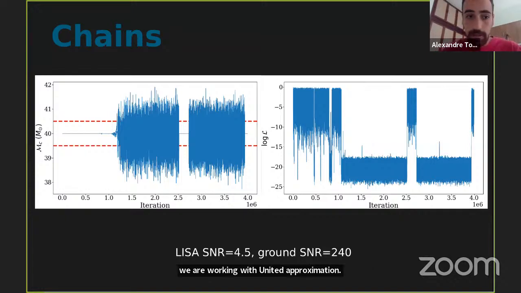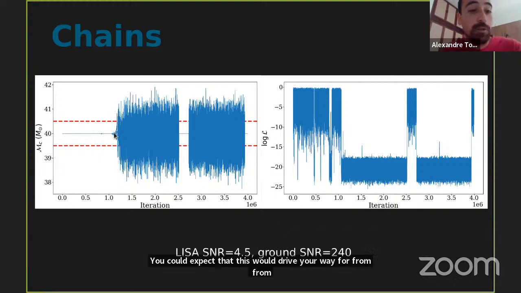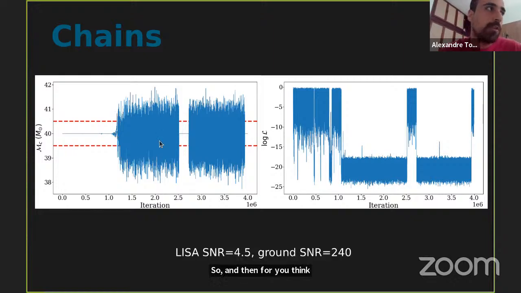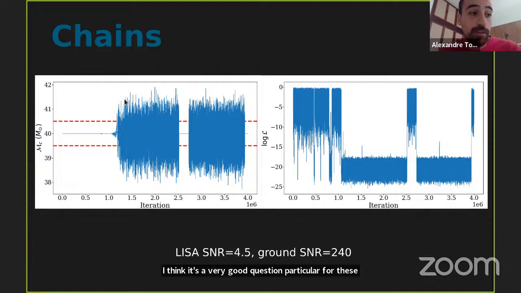What this plot is telling us is that once we add noise for these lower SNR sources, you could expect that this would drive you away from the real signal. The main effect of noise should just be to move you within the 90% confidence interval. It's a very good question, in particular for these lower SNR sources.